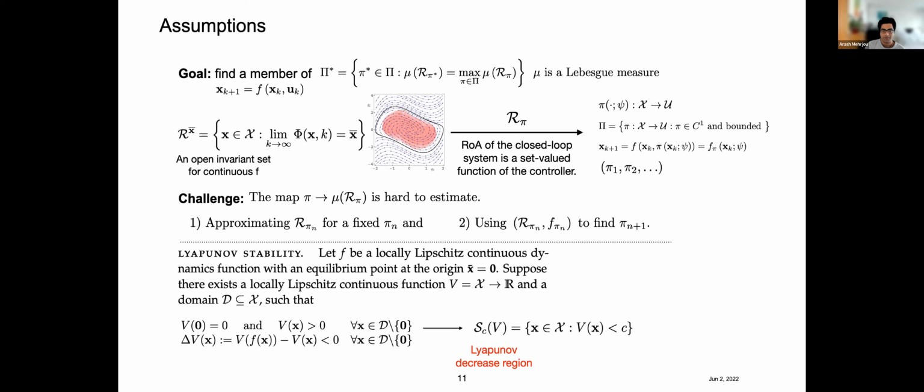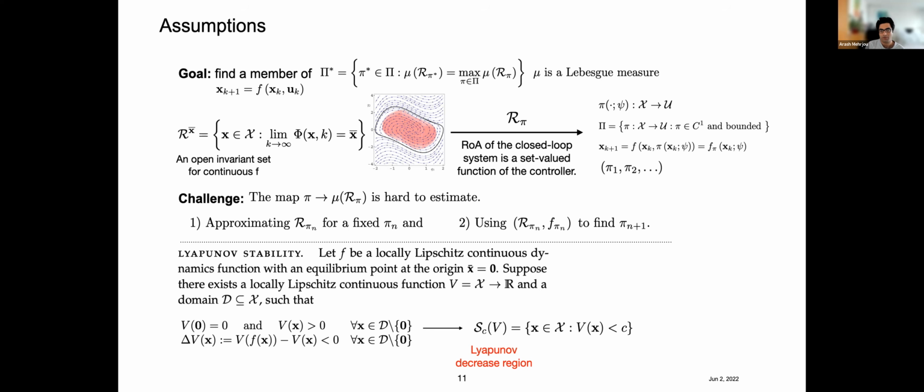And then if we define it that way, we want to find one sample or one example of these policies. So we can define a map from the policy itself to the region of attraction, and also to the volume of this region of attraction.